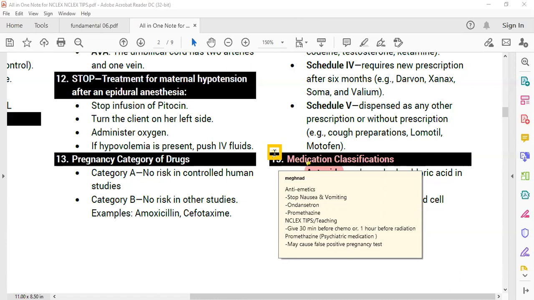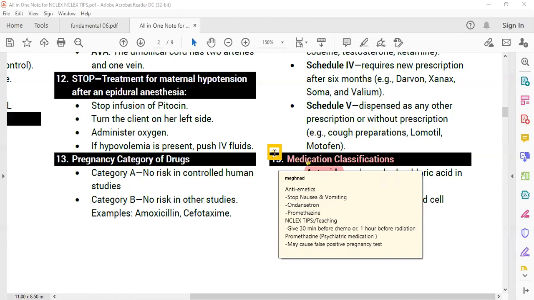If you ask me why I'm talking about chemotherapy or radiotherapy: after chemotherapy or radiotherapy, cancer patients have a chance to develop nausea and vomiting. At that time we give them anti-emetics like promethazine or ondansetron. Ondansetron may cause headache, so we should inform our patient.